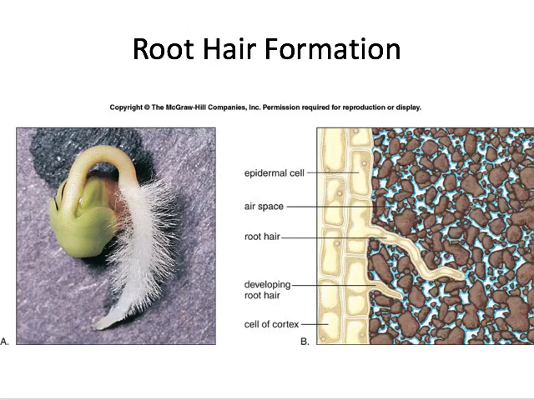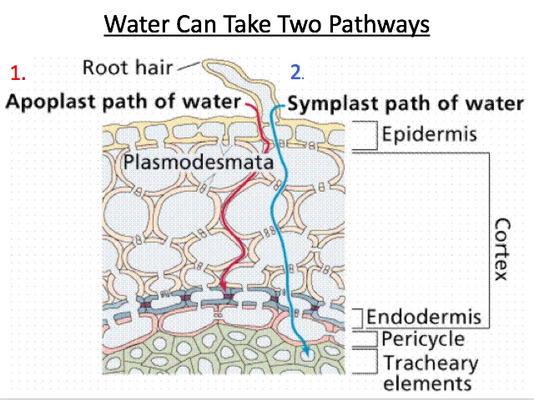In this diagram, it shows us how a root hair grows out of a single epidermal cell and into the soil. Now, as those root hairs grow into the soil and absorb water, this water can actually take two pathways into the cell. It can move by the apoplast path of water or the symplast path of water.